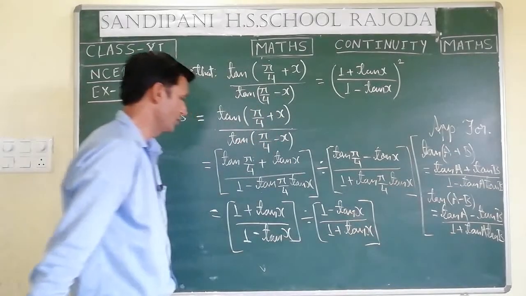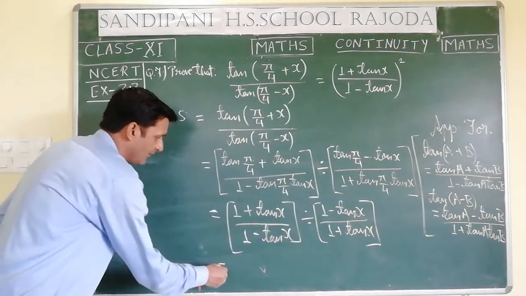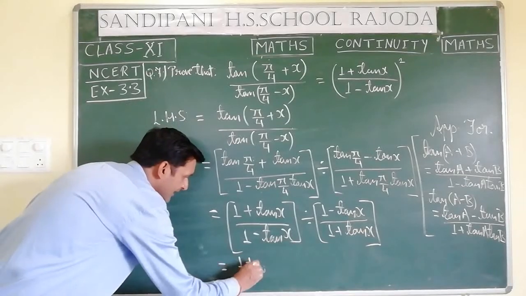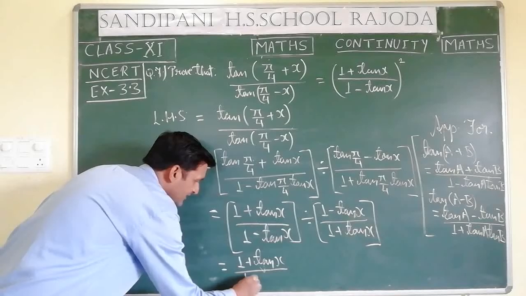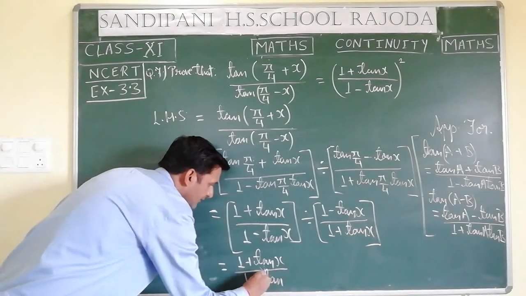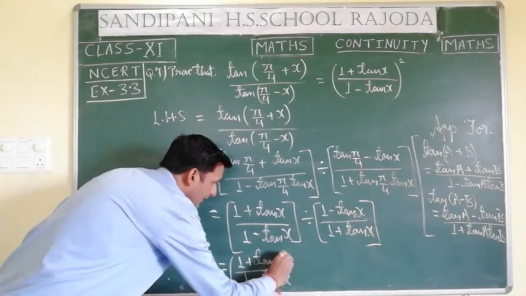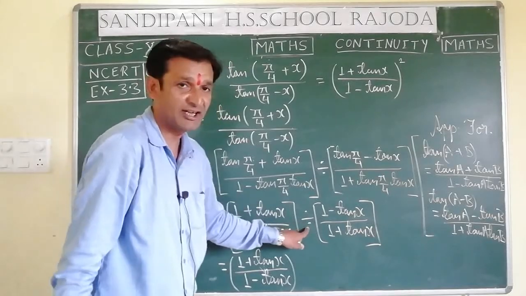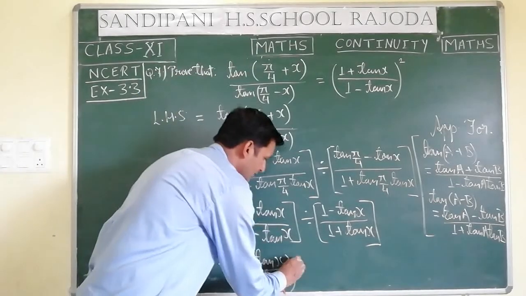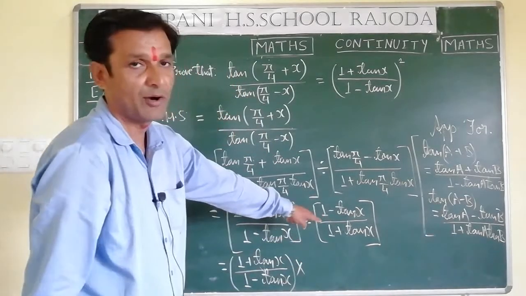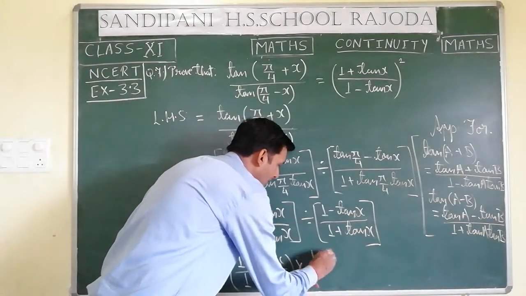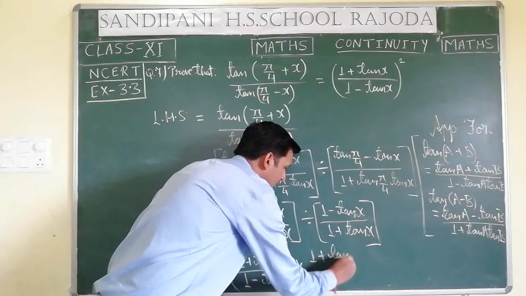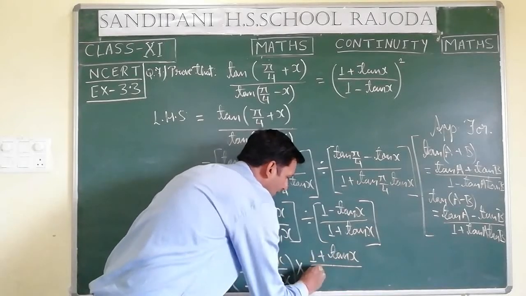So it will be equal to 1 plus tan x upon 1 minus tan x, and if we change it into a multiplication sign, then numerator will become denominator and denominator will become numerator. So it will be 1 plus tan x upon 1 minus tan x.